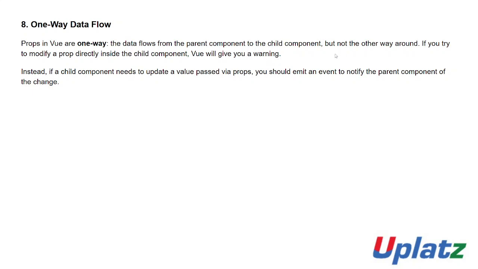You can't modify a parent's data inside the child component. Instead, if a child component needs to update the value passed via props, you should emit an event. We shall discuss it specially. Emit an event to notify the parent component of the change: hello parent, something is changed. It tells like that. This is emit, the emit message.